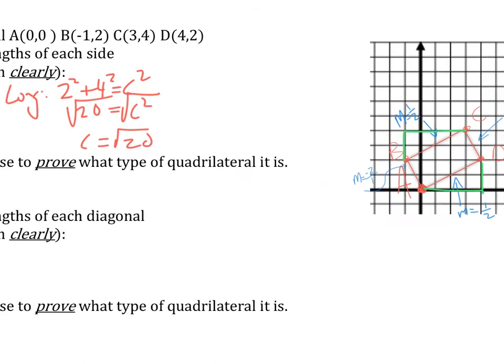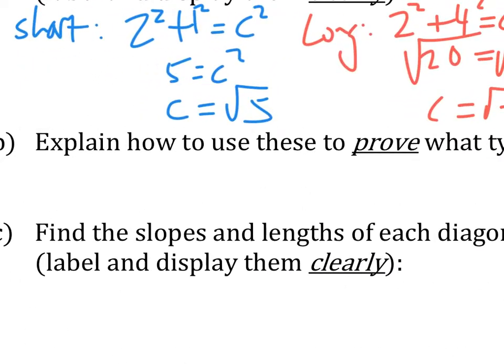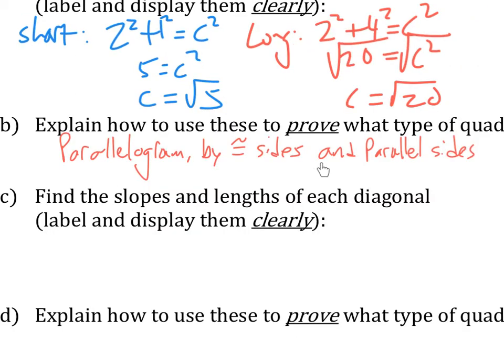So we can say it's a parallelogram because we got congruent sides and parallel sides. And we can also say it's a rectangle because we have perpendicular sides. Okay, PPD means perpendicular.